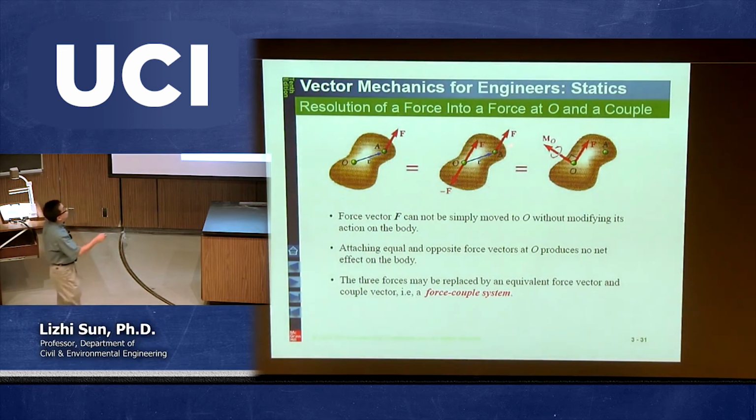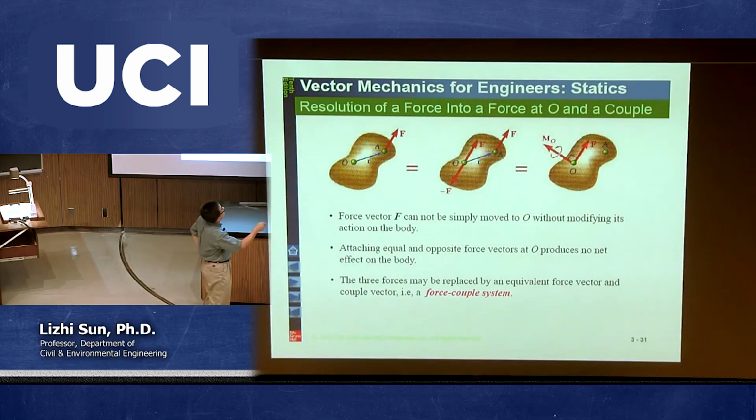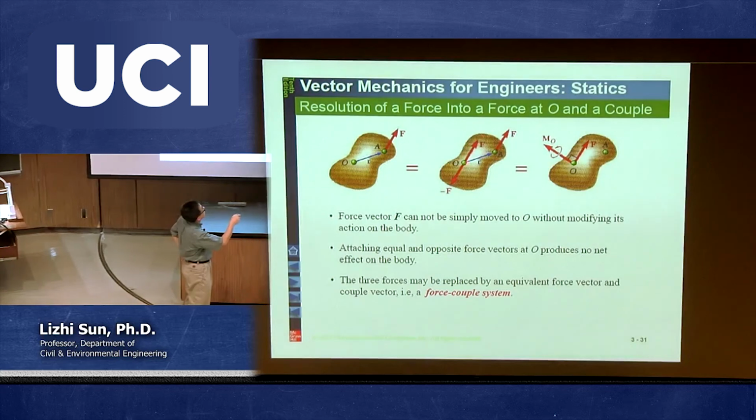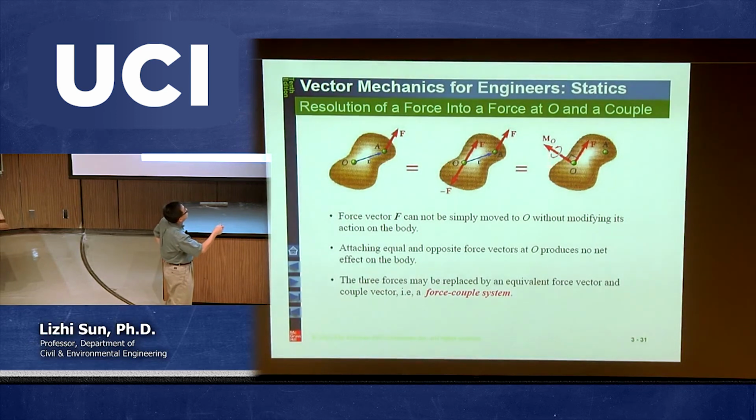Since they form a couple, I'm going to use the couple to represent these two forces instead of plotting them. So I erase this red force and this red force, and I add the moment due to this couple. This force is still here, because I'm not going to do anything about it.